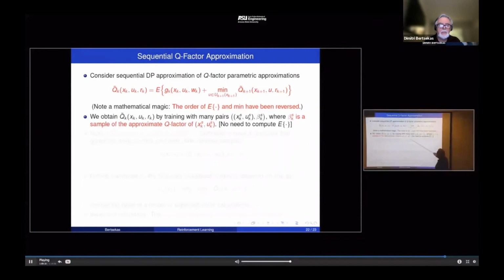So specifically, we obtain the parameters R_k by training with many sample state action pairs, and corresponding samples of the approximate Q factor. And that sample need not include a full expectation, maybe just a sample value corresponding to a sample value of the corresponding random variable.